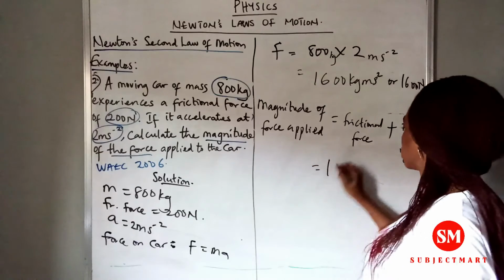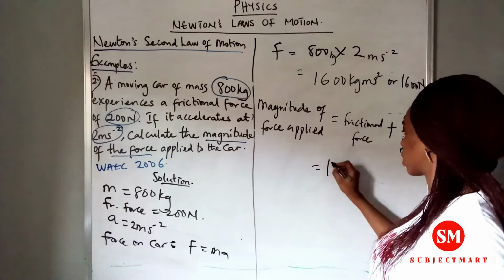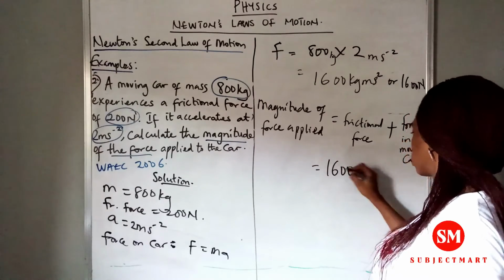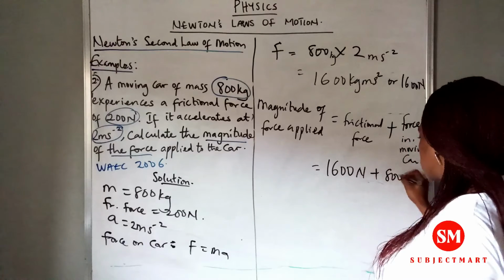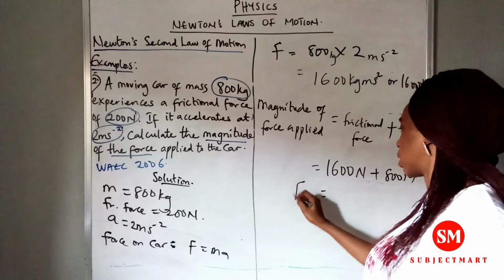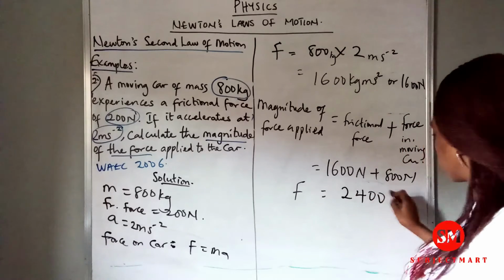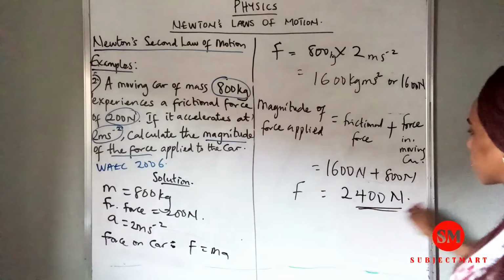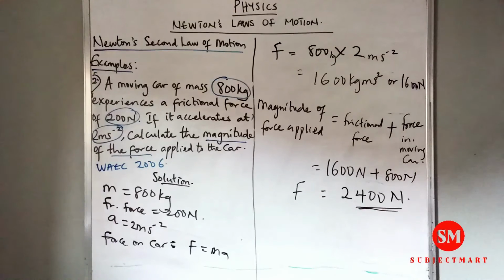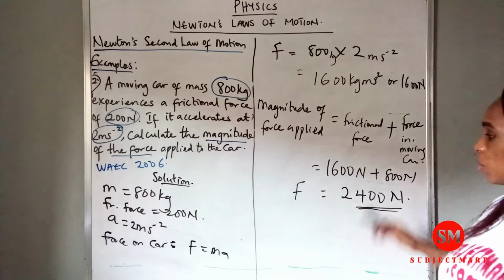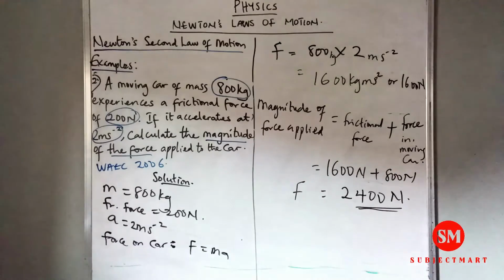So now we want 1,600 Newton plus 800 Newton, and altogether, that will give me 2,400 Newton. You can see it's very simple, and I believe it's explanatory enough.